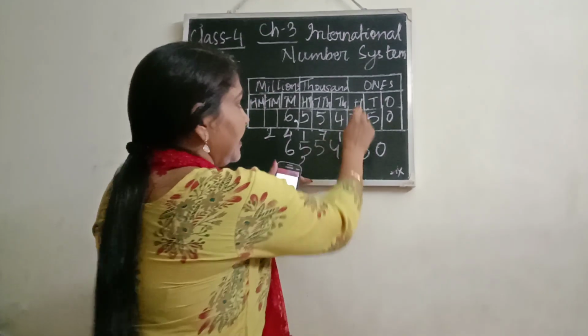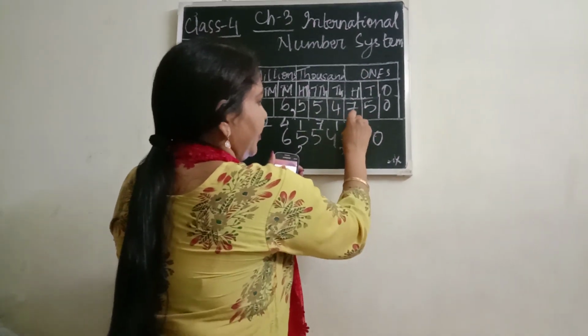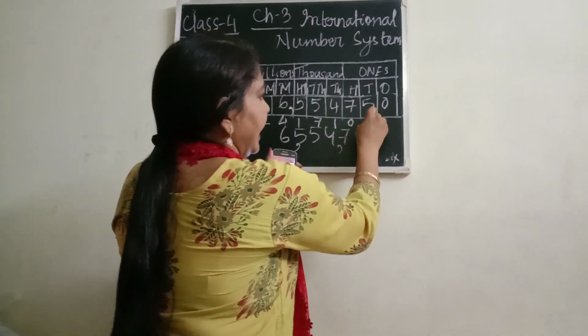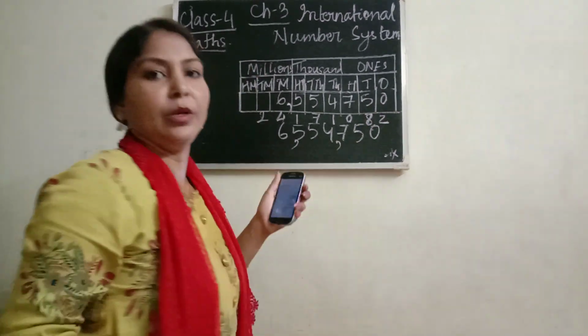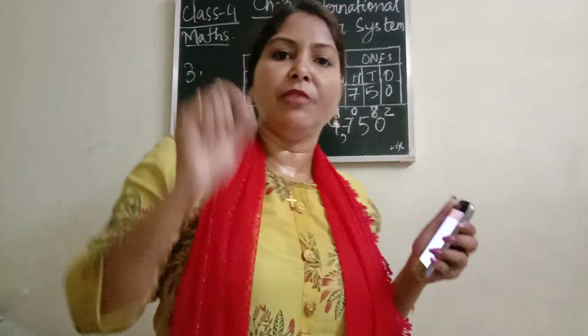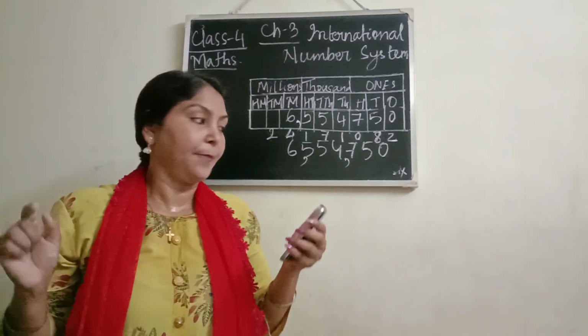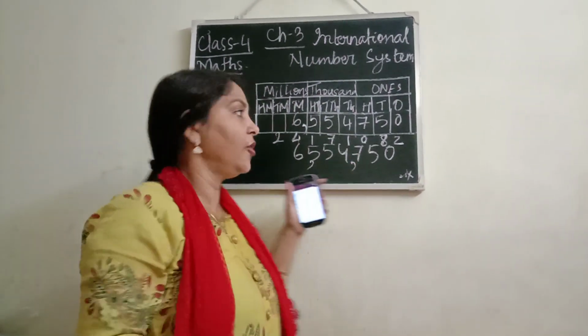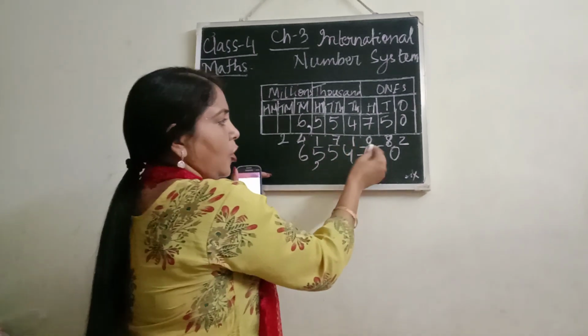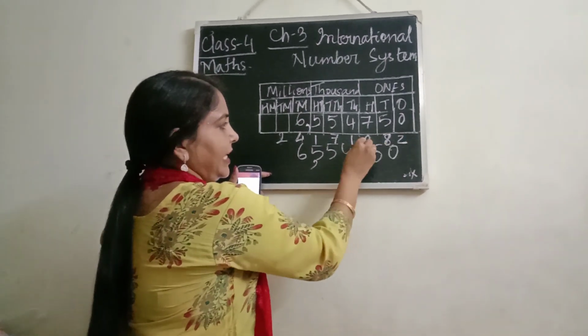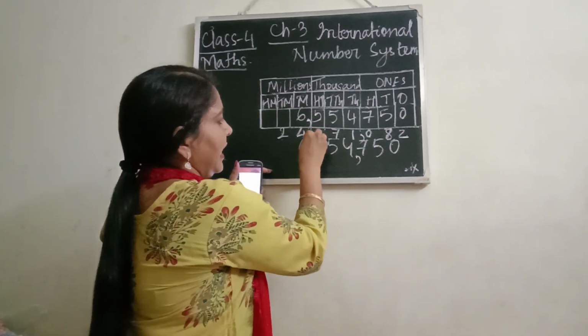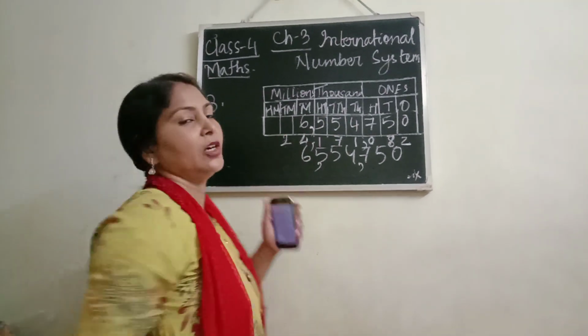There is nothing in the hundreds place, so we will put just 0 and 82. Wherever there is no digit in a place, only put 0. Okay, so this is your second question. And how will you put the comma? From the right side, this is one period and this is another period and this is the third period.